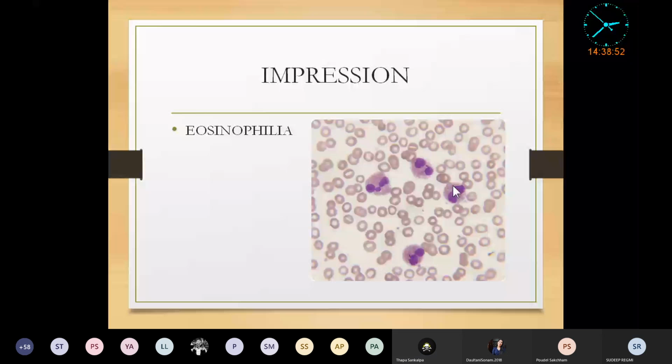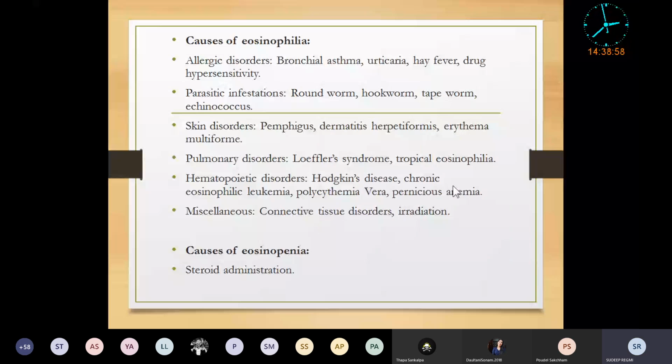Now let's talk about causes of eosinophilia, like Mr. Thapa told. Allergic disorder, parasitic infestation like roundworm, hookworm, tapeworm, echinococcus, and allergic disorders like bronchial asthma, urticaria, hay fever, drug hypersensitivity.